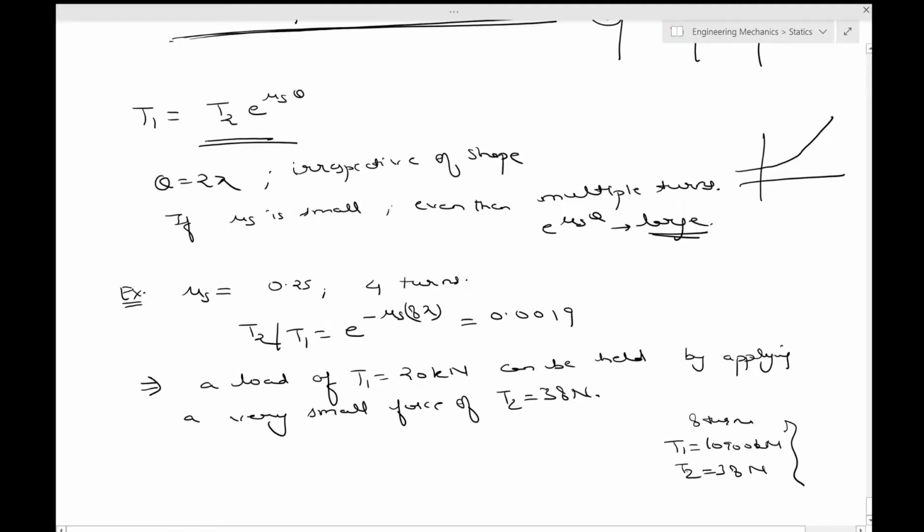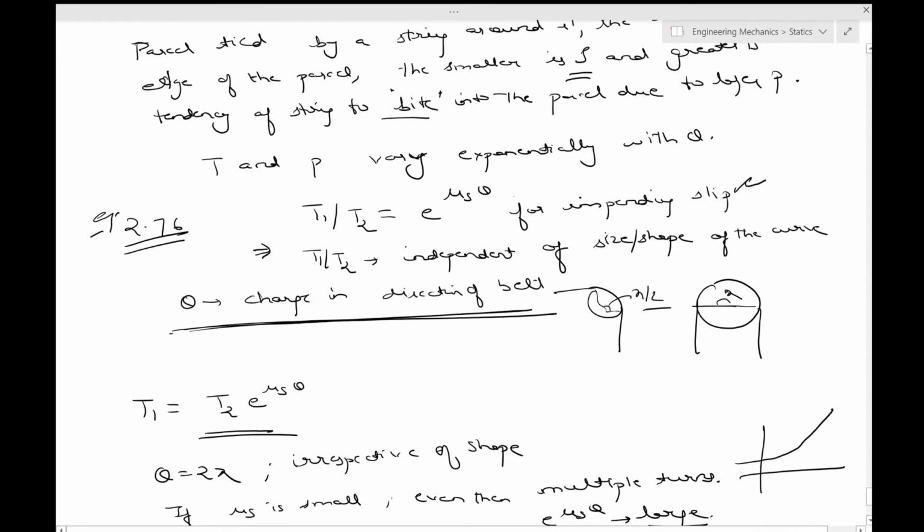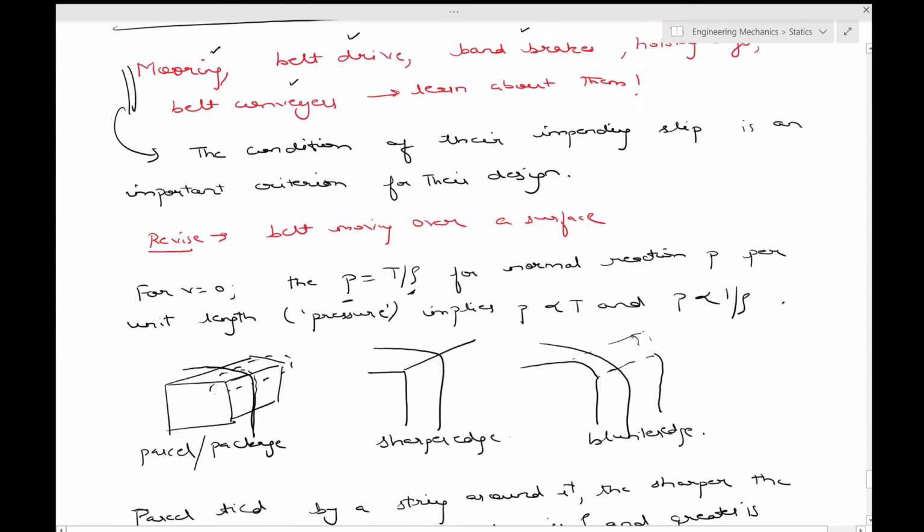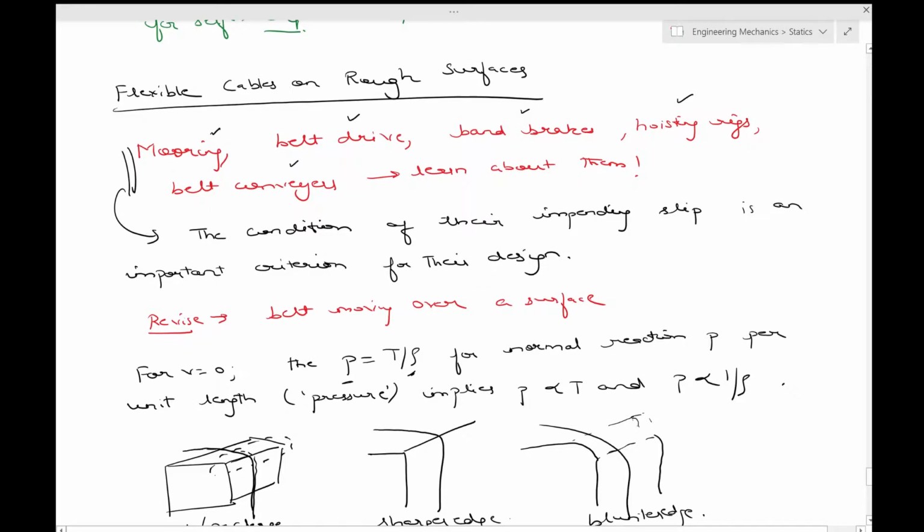So that's the important part about this, that you can hold a ship by this idea, and you must have seen this when you had learned about these things. Okay, so that's the practical engineering application of this idea.